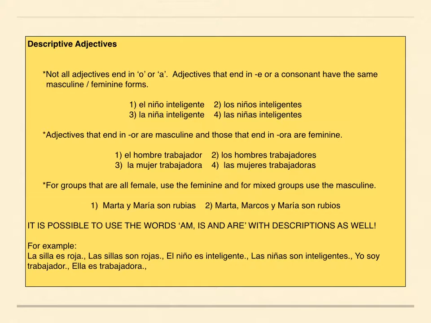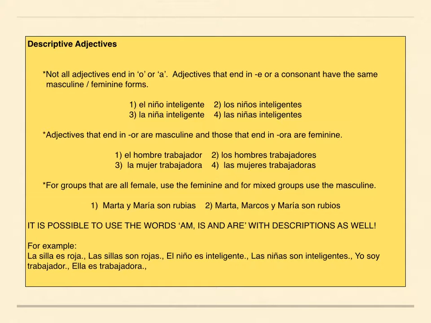Number 2, Marta, Marcos y María son rubios. So here we have a group with Marta and Maria, but also Marcos, who is a male. Because we have a mixed group with masculine and feminine, we're going to have the masculine form of the adjective rubio. So here we have rubios.